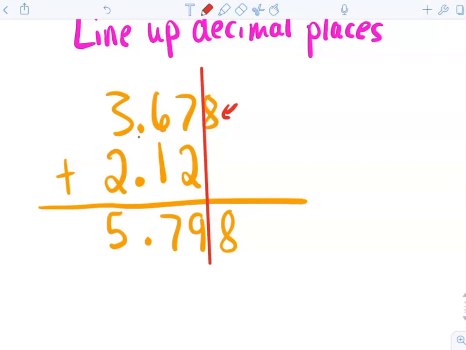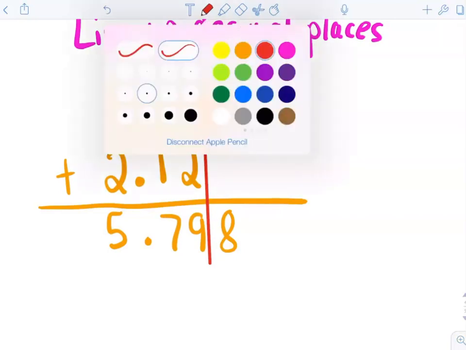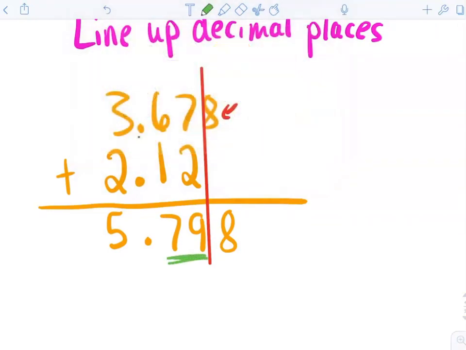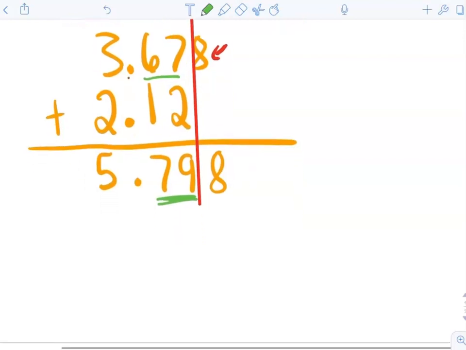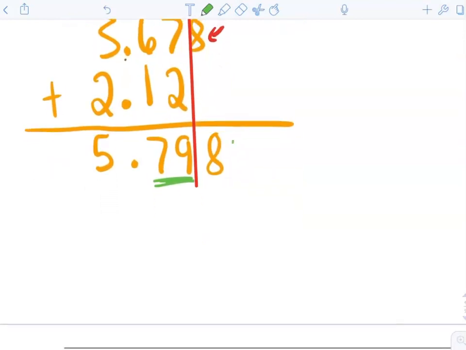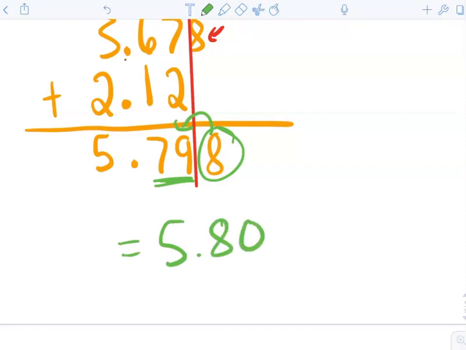Okay, so what I then know is that I need to keep this number of decimal places, because I can see that they both have this many decimal places. Now, when I go to round, this 8 is bigger than a 5, so that means I'm going to have to round this number. So my final answer would be 5.80.